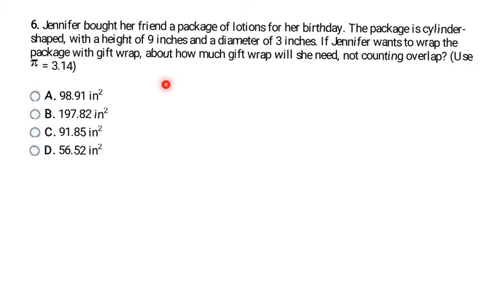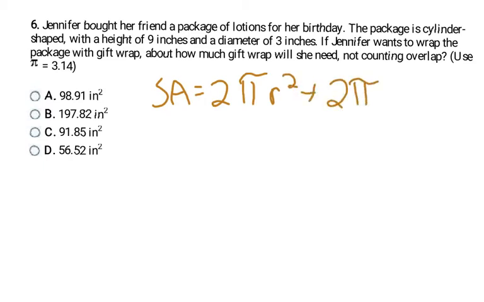So our surface area formula for a cylinder is 2 times pi times the radius squared plus 2 times pi times the radius times h. So then I'm just going to fill in what I know.